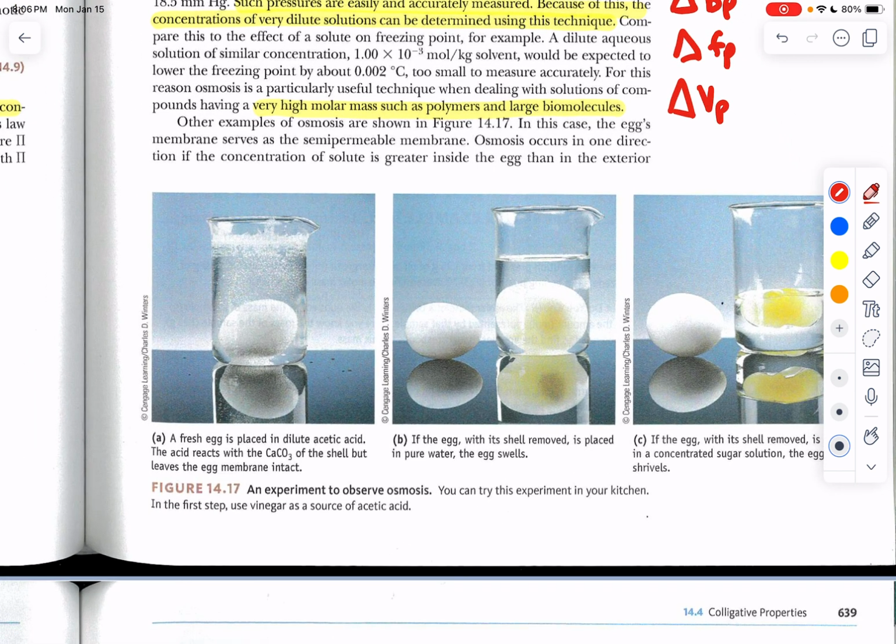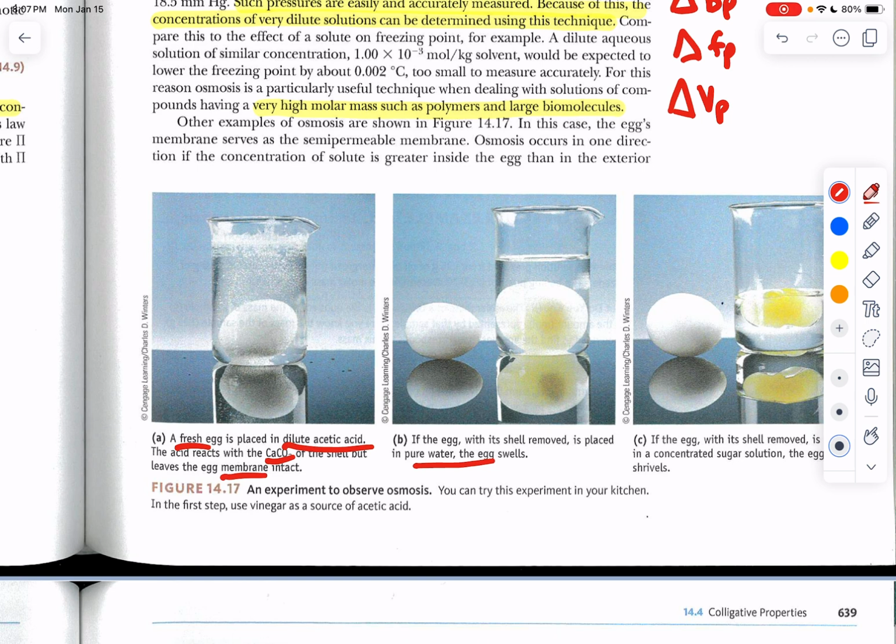By the way, if we take a fresh egg down here and we place it in dilute acetic acid, the acetic acid will react with the calcium carbonate to take away the shell, but not the membrane. Remember, an egg, in a sense, is a large, almost like a cell, and that membrane stays behind, even though the shell around the membrane is now gone, and therefore water can diffuse into the egg.